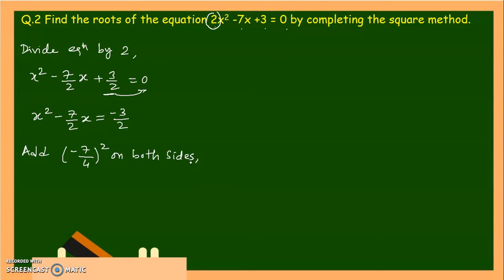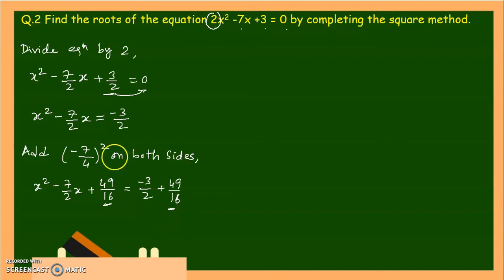So here it becomes x square minus 7 by 2x plus minus 7 by 4 whole square, that will be equal to 49 divided by 16. We add this into left hand side and same thing we will add into right hand side. We add 49 divided by 16 on both the sides. So this is the third step.